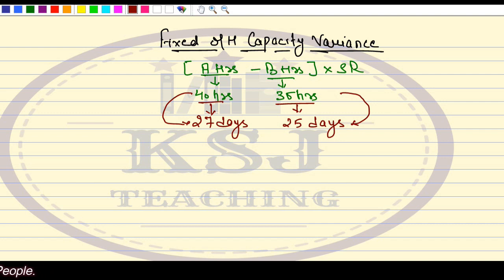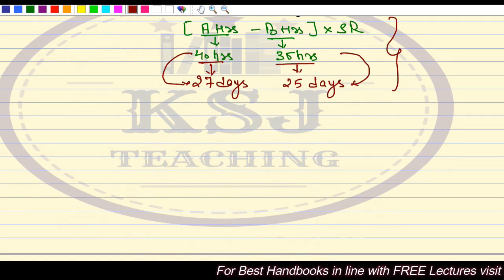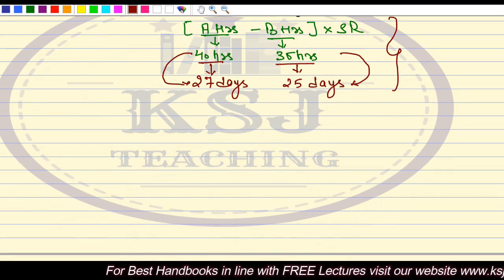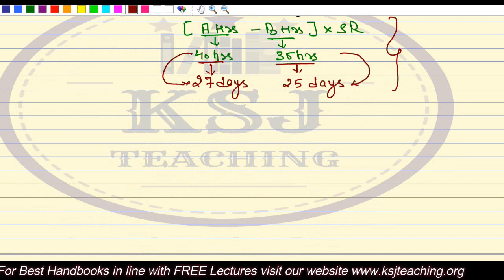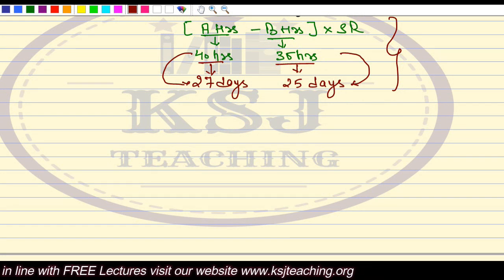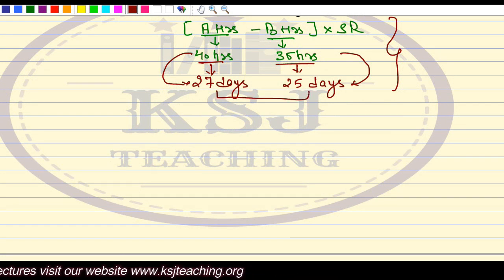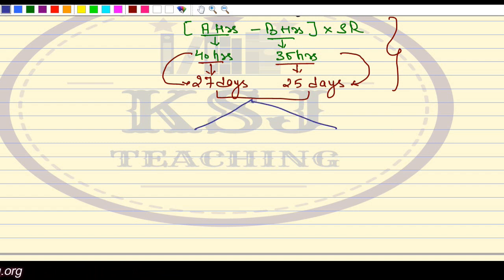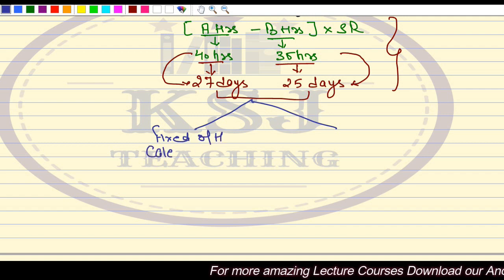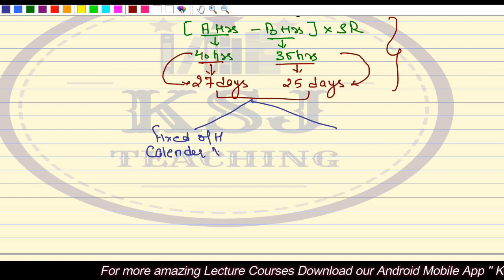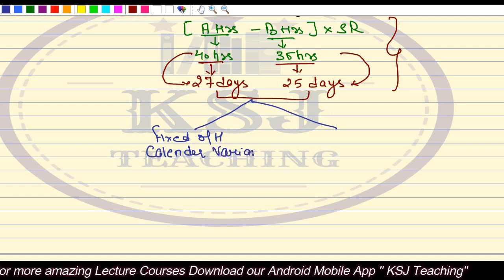So what do we have to do? To cover this, we'll be studying two variances. The variance between 40 hours and 35 hours is due to the difference in the number of days. So we are going to study one variance known as fixed overhead calendar variance.